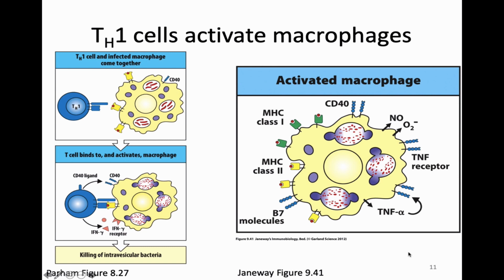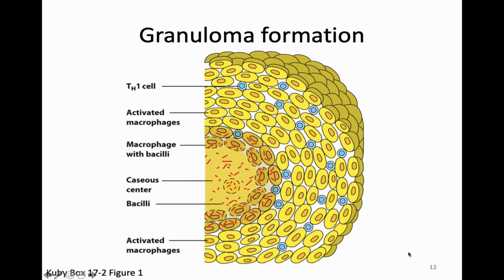There are a number of different pathogens that are particularly important or that are really known to be controlled by Th1 cells. One of those types of pathogens is in the genus Mycobacteria, which includes Mycobacterium tuberculosis.